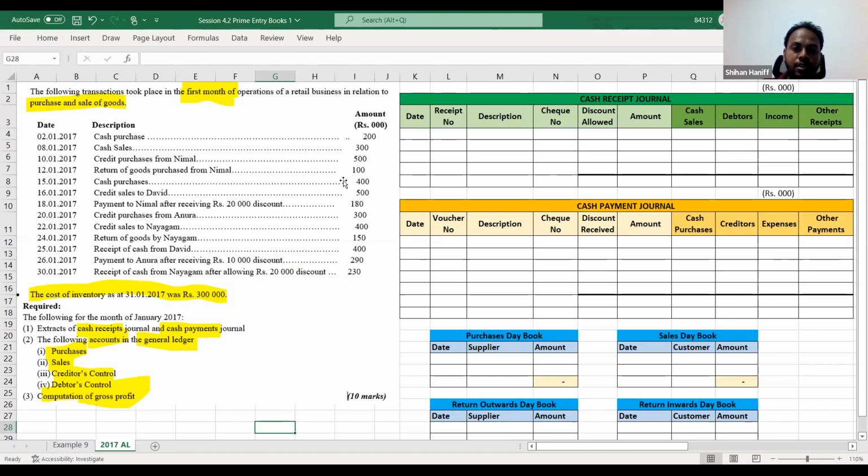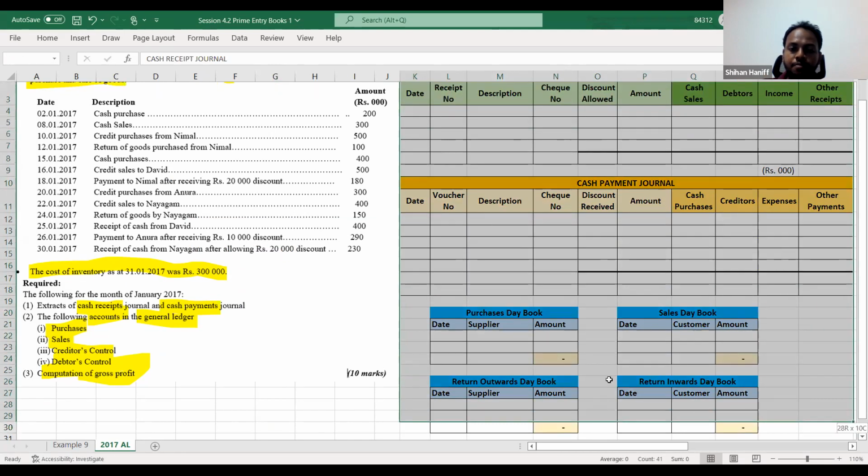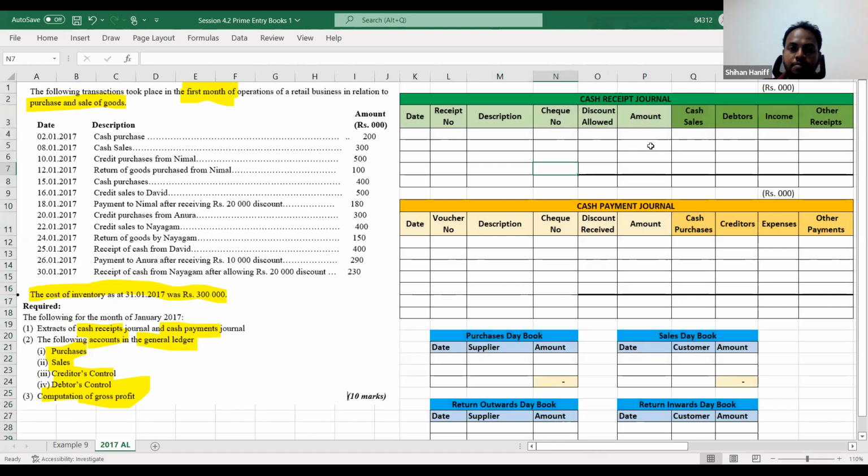So read the question and draw the formats: cash receipt journal, payment, purchases, sales, return inwards, and return outwards. This is a basic question. Let me know once you're done so I can start the question.